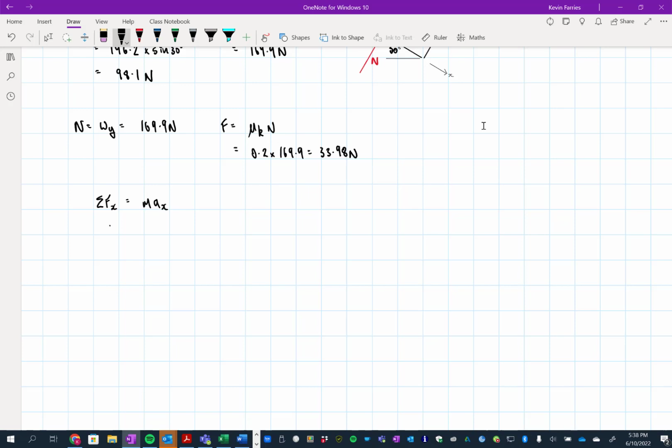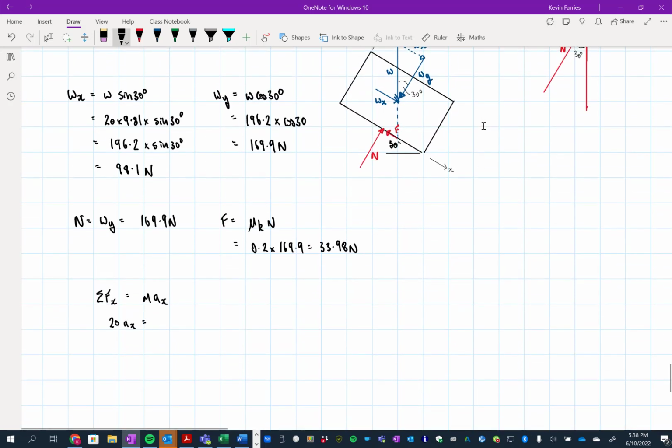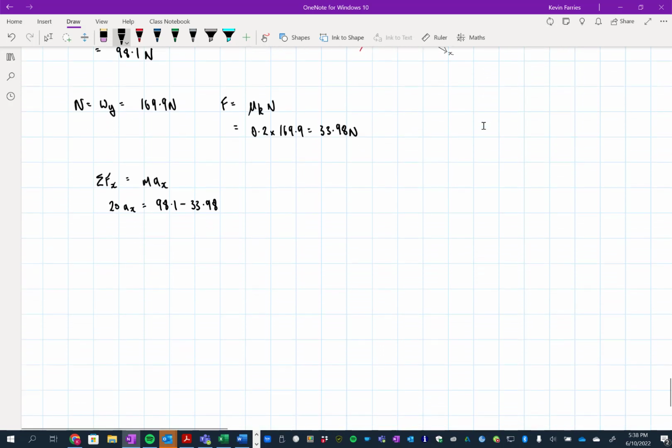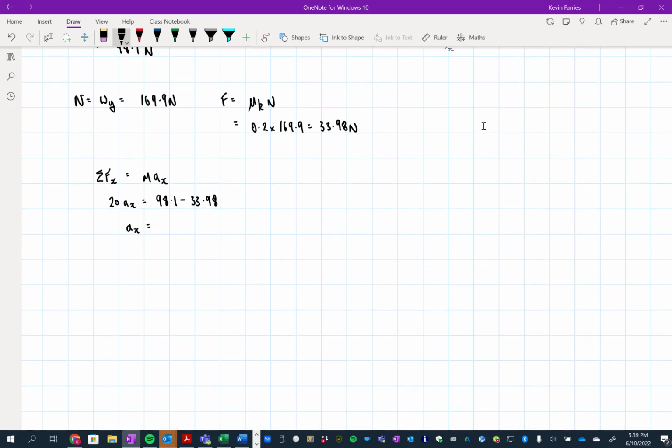So therefore 20 times ax is going to be equal to 98.1 take away the friction, 33.98. So ax is equal to 98.1 minus 33.98 divided by 20, which is equal to 3.21 meters per second squared.